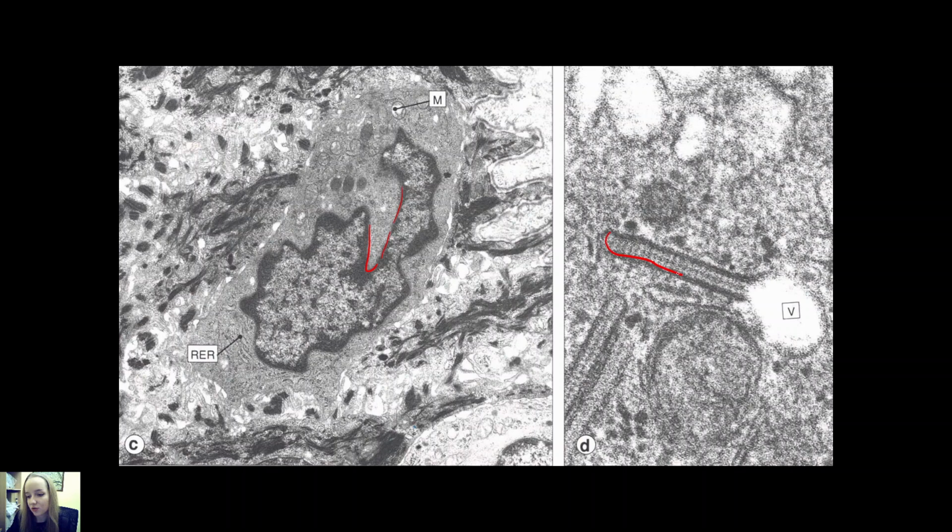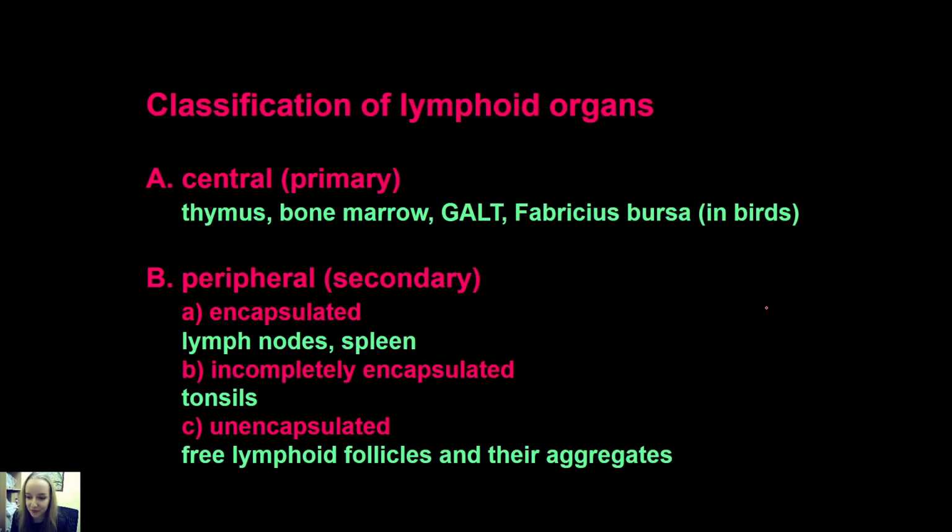This is a structure that looks like a tennis racket. It's called the Birbeck granule. We really don't know what it is composed of, probably some proteins needed for immune responses, but these granules are very typical for Langerhans cells.